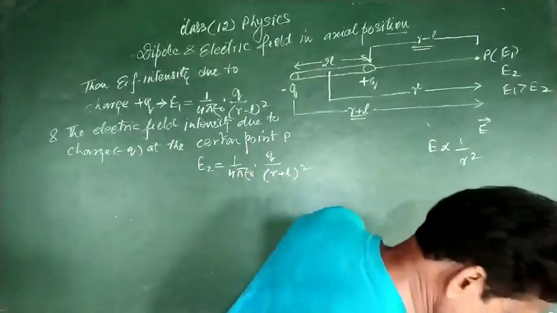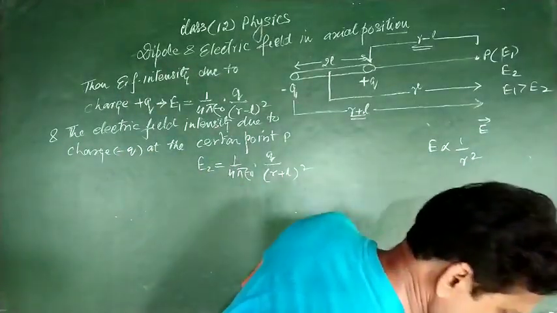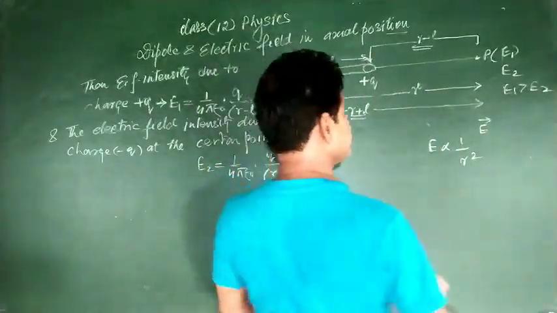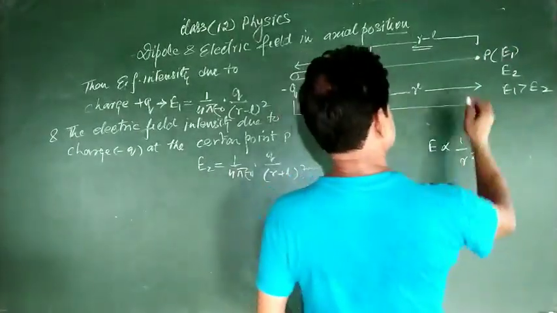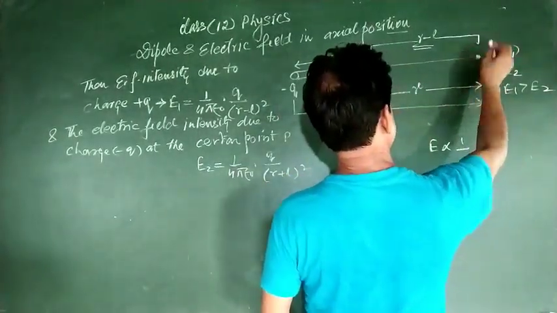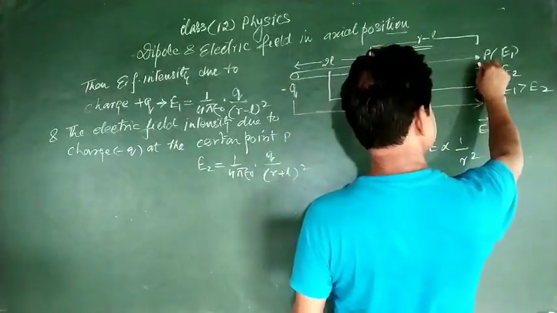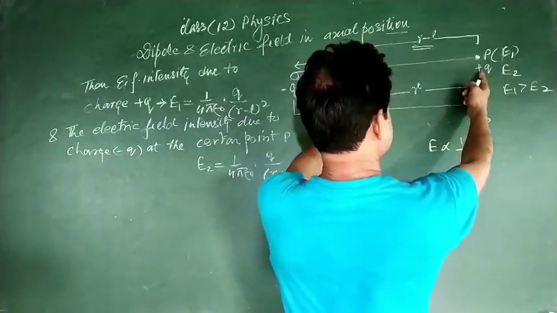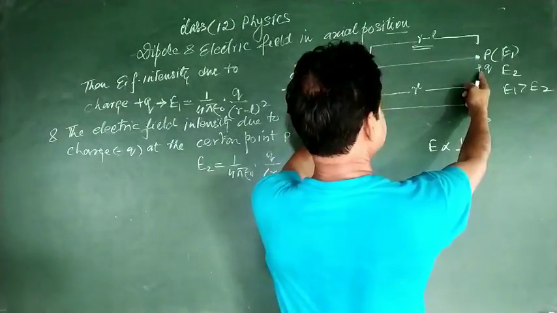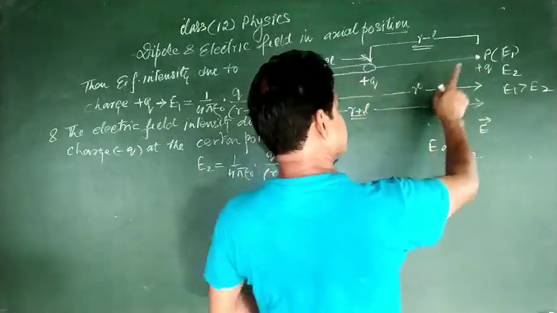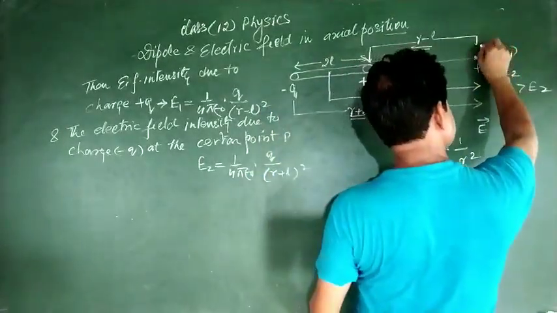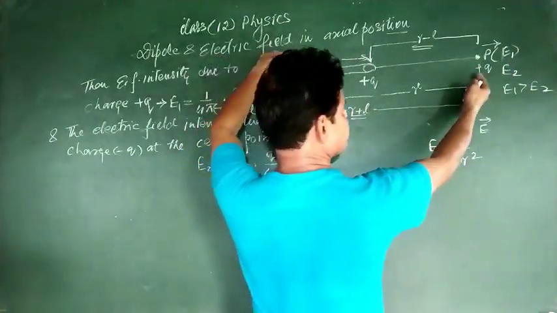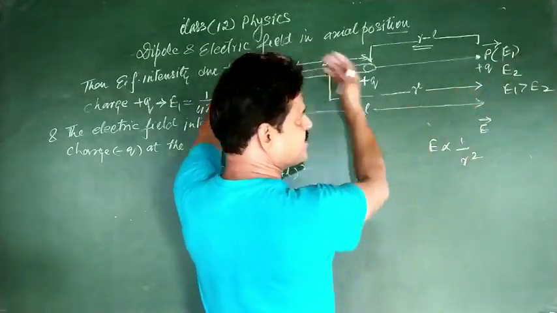Now we know that the electric field intensity is directed from positive to negative. If we have a testing charge plus q here, then these charges are similar, so they repel each other, meaning at this point the electric field intensity will be in this direction. Here the other is negative, and opposite charges attract each other.